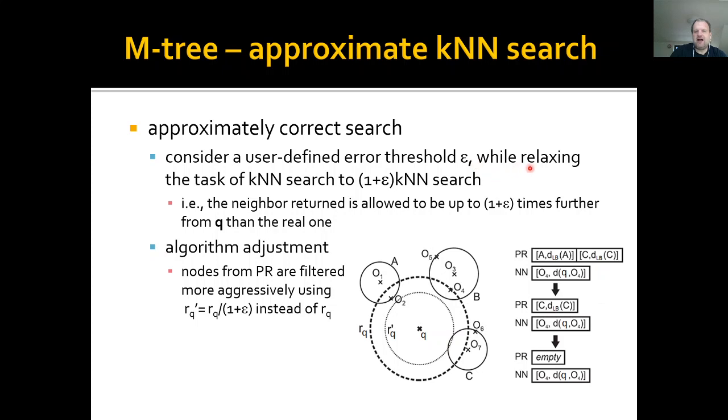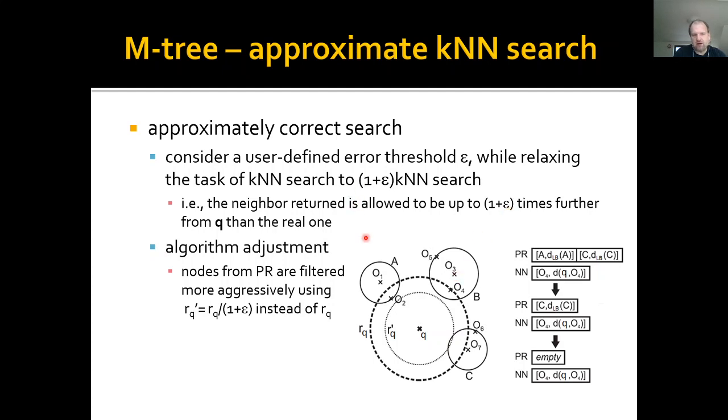The task that we solve is defined as 1 plus epsilon kNN search, and this means that we return nearest neighbors that are allowed to be up to 1 plus epsilon times further from the query than the real nearest neighbor. In other words, we can get a result that is farther from the actual nearest neighbor by a small factor a bit larger than 1, but it's controlled by epsilon.